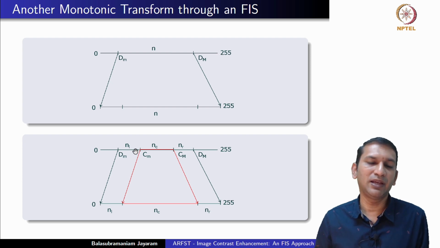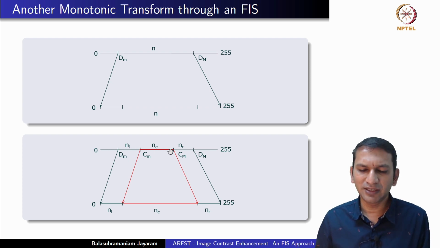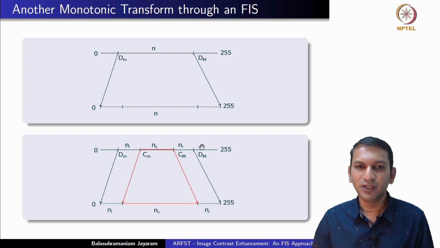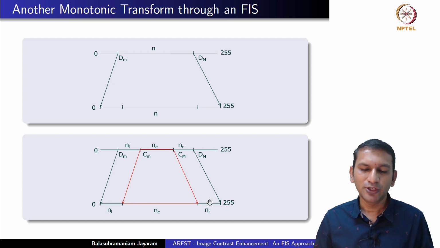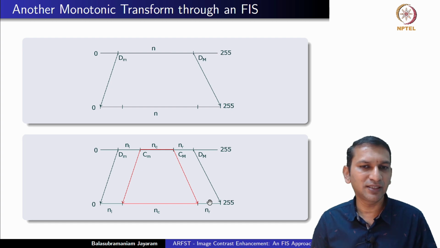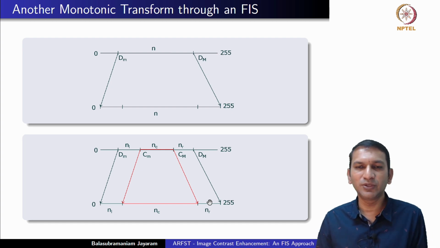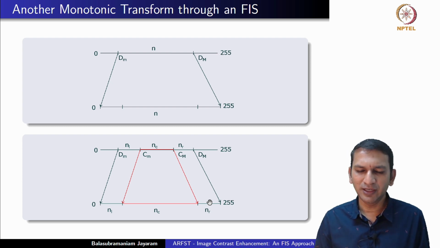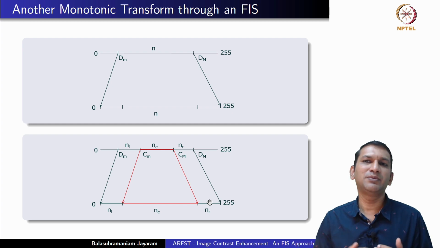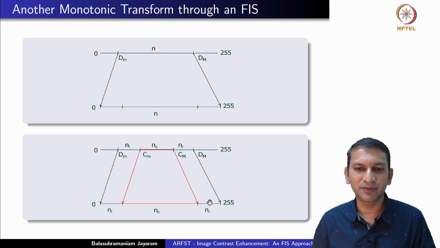So you will have NL plus 1 such fuzzy sets here, NC plus 1 here, NR plus 1 here. So in total you will have NL plus NC plus NR plus 3 fuzzy sets. Similarly on this side, so you will relate them as antecedents and consequents, and you will have that many fuzzy rules. Load it into the Mamdani fuzzy inference system, choose the operations carefully, and what we will have is perhaps a monotonic function coming out of it.